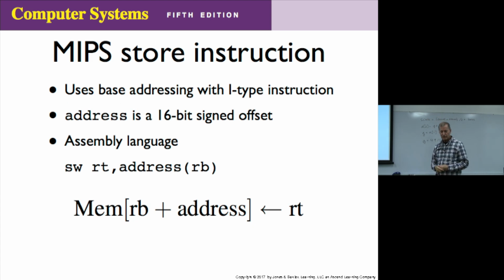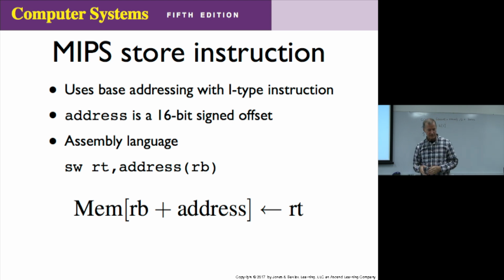And then store. Again, load is from memory to CPU, store is from CPU to memory. So store is just the same as load but flipped around. It uses base addressing with I-type instruction. Again, the address is a 16-bit signed offset, and the assembly language is SW, which stands for store word.